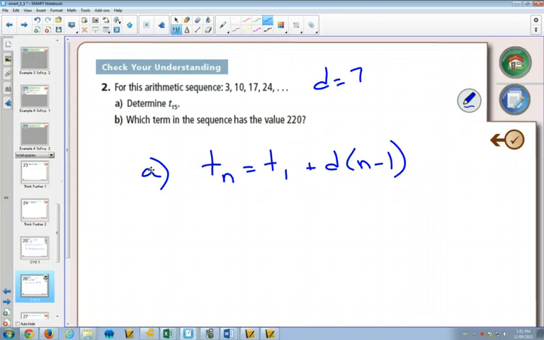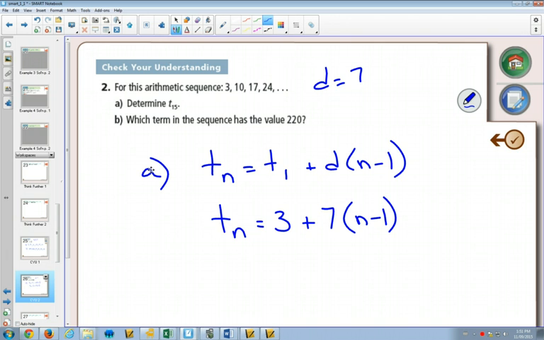I can write a formula for this. My general term, any term, is equal to term 1, which happens to be 3, plus my common difference 7 times n minus 1. So this is a formula for the general term in this specific sequence.